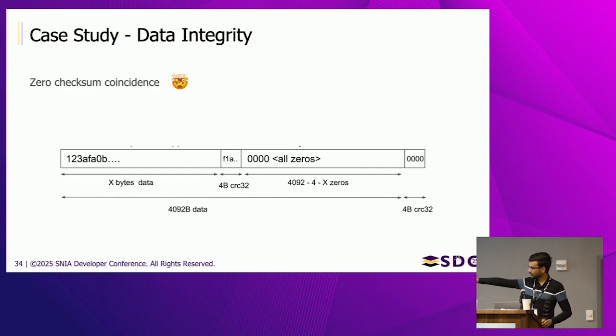Let's say you have X bytes of data followed by 4 bytes of CRC32C of those X bytes, followed by all zeros, such that the length of the data becomes 4092 bytes. The CRC32C of this 4092 bytes will always come out as 0. We were also pretty surprised by it, but we wrote a randomized unit test, and this holds true for any value of X. So this already gives us a hint on what's going on.